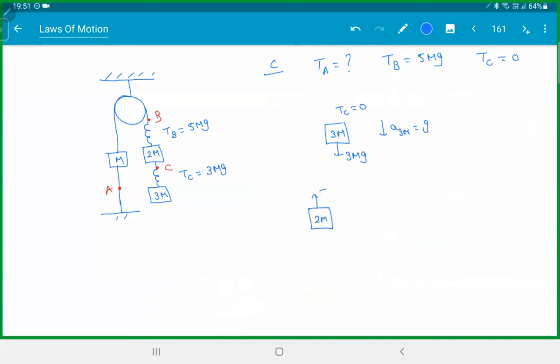For 2m, this guy is TB, 5 mg. Your own weight 2 mg. So acceleration of 2m will be 5 mg minus this thing, 3g by 2. And for this m guy, this tension TB is 5 mg, which is definitely greater than the weight. Since string cannot stretch, it won't move.